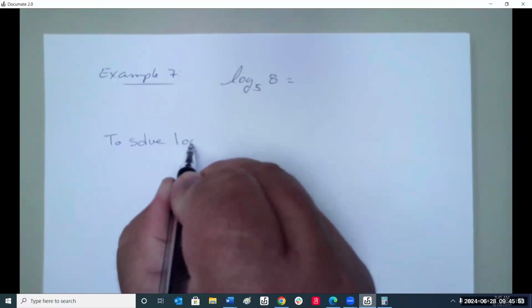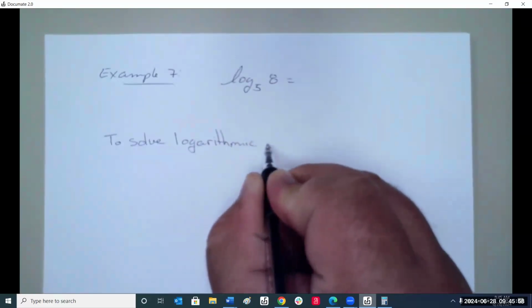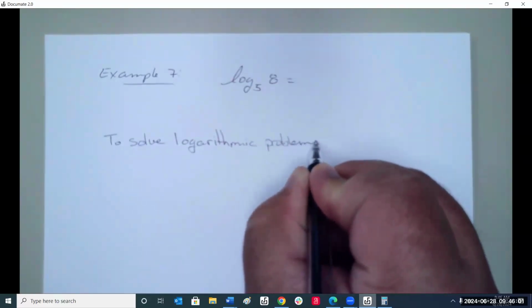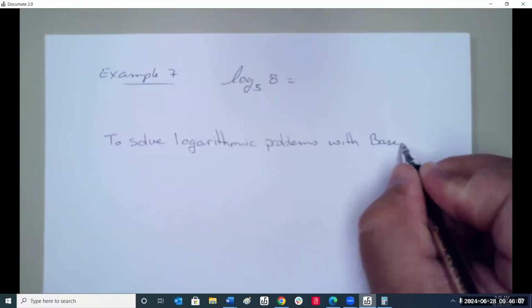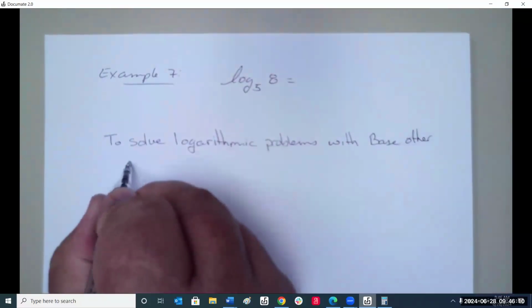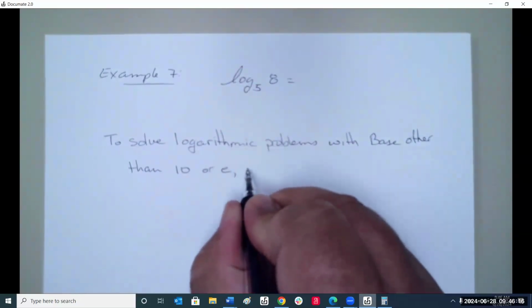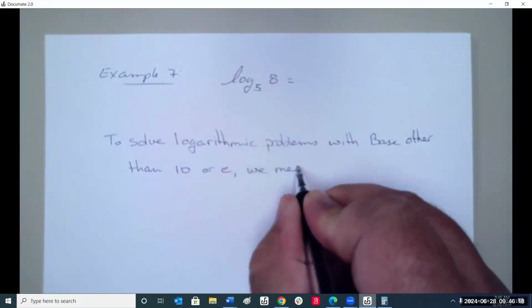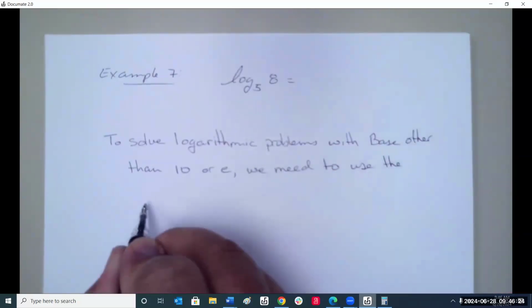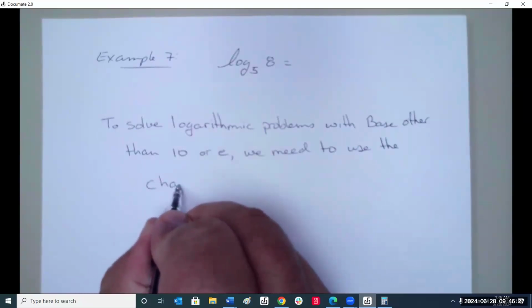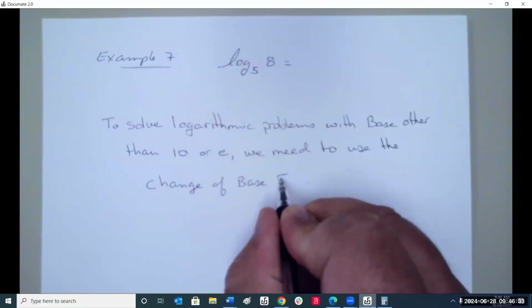To solve logarithmic problems with base other than 10 or e, we need to use the change of base formula.